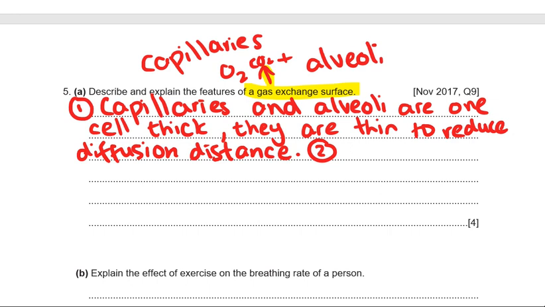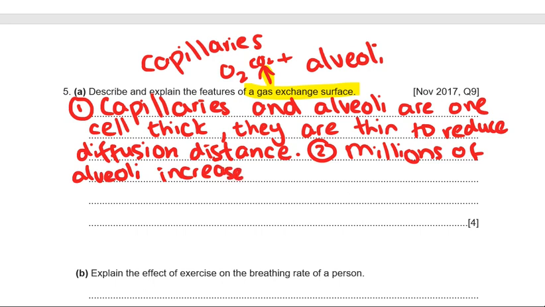You have millions of alveoli. So we're going to write that down. And this helps to increase the surface area.